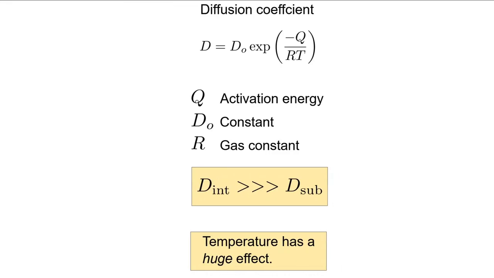It's not surprising then that the diffusion coefficient captured in Fick's first law follows roughly the same formulation. The diffusion coefficient increases exponentially with temperature, with the D0 and Q being characteristic of the system at hand. Furthermore, if an increase in temperature increases the diffusion coefficient for substitutional or host atoms, then it will increase significantly for interstitial diffusion.